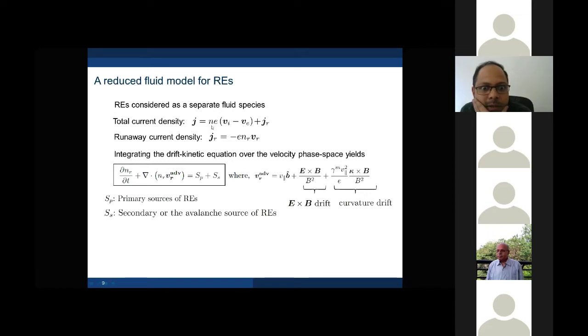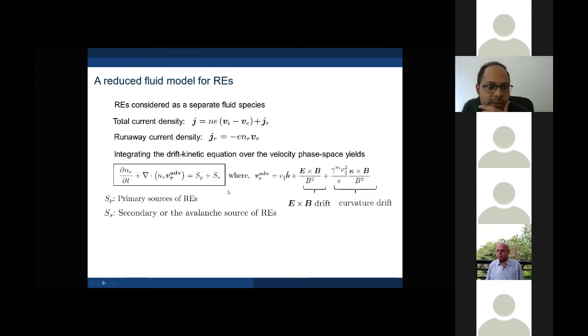N is the number density of the charged particles and e is the electron charge, and there is an extra relativistic component of the current that gets added to it. The sum of both is the total current density, and the relativistic current density itself can be easily defined with the velocity of the relativistic electrons.